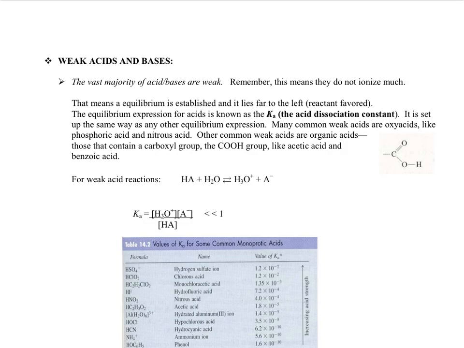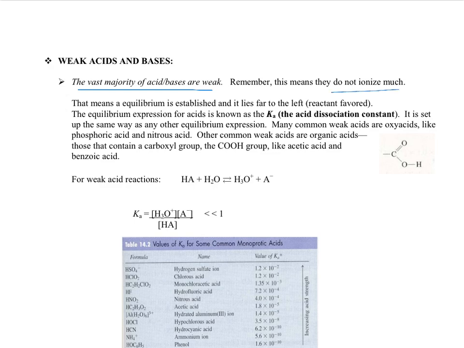All right, so on this page, we're going to talk specifically about weak acids and weak bases. So weak acids and weak bases include most everything. So that is kind of important to recognize. When we're talking about weak acids and weak bases, there's way more of those than there are strong acids and strong bases.